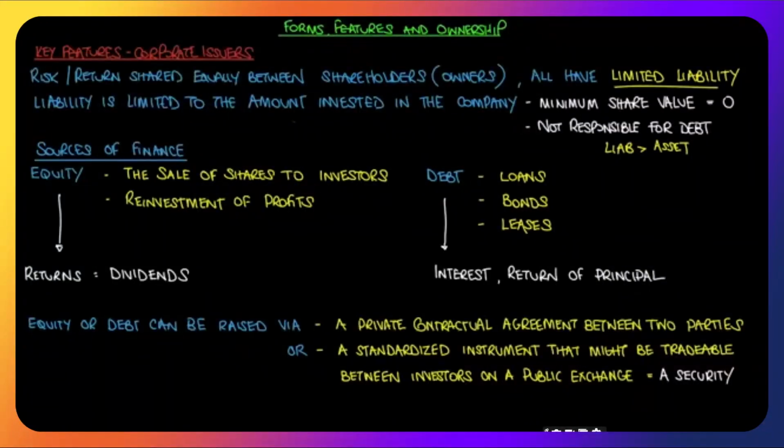Sources of finance, we said you have access to a much wider range. Well, corporations will raise finance via equity, the sale of shares to investors, or by reinvesting existing profits. They raise equity, they use that to generate profits. If they reinvest it in the business, that again is part of equity. Or they turn to the debt markets.